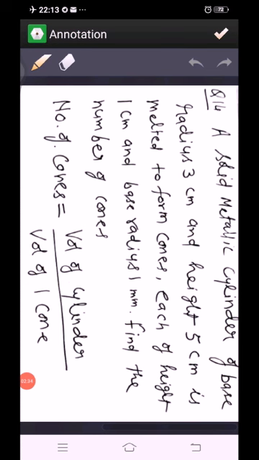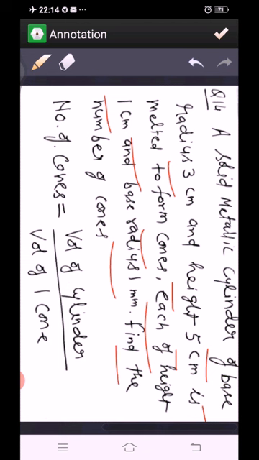A solid metallic cylinder of base radius 3 centimeter and height 5 centimeter is melted to form cones each of height 1 centimeter and base radius 1 mm.